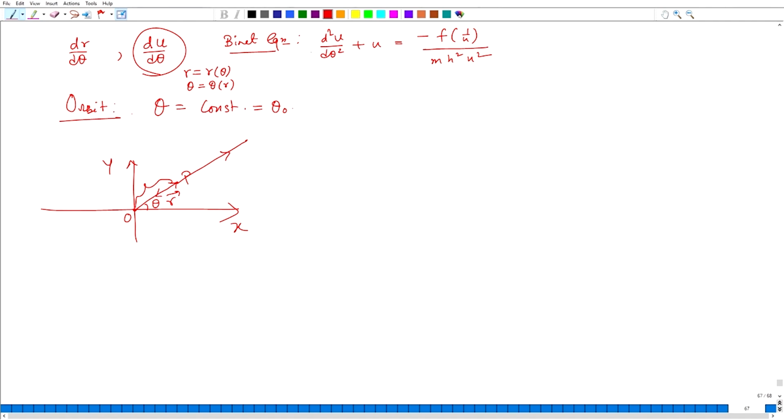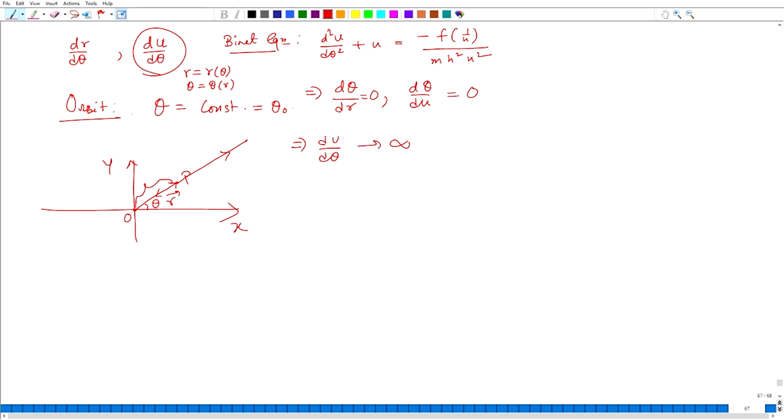Now, how to give the law of force here? If you try to derive it, you will see that there is a problem. Your theta is constant, so d theta dr or d theta du, whatever, are 0, and that is why du d theta is equal to infinity.